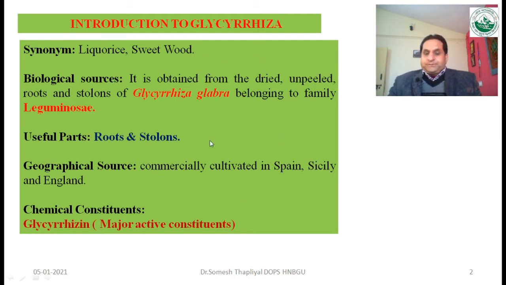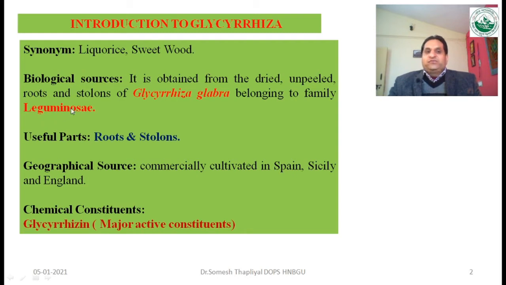So, in the introduction, glycyrrhiza is commonly known as licorice. You have to remember that licorice is also known as glycyrrhiza, the botanical name of licorice is Glycyrrhiza glabra, and it belongs to family Leguminosae.